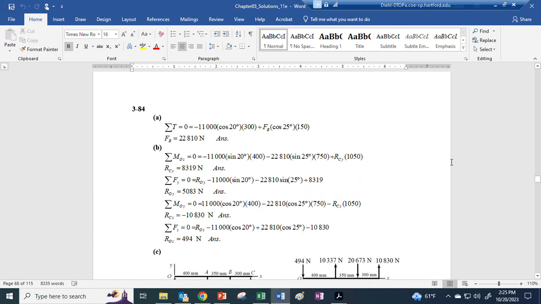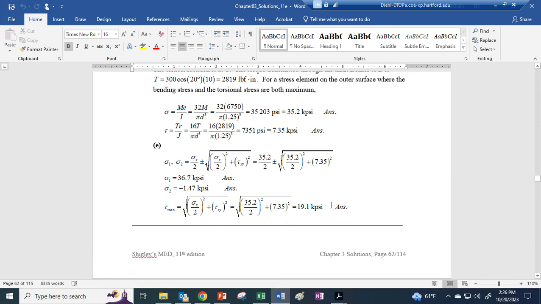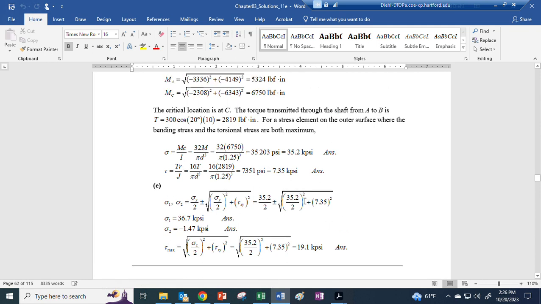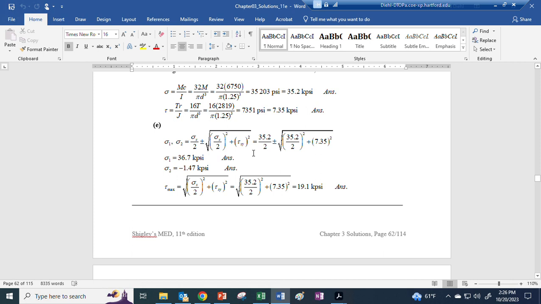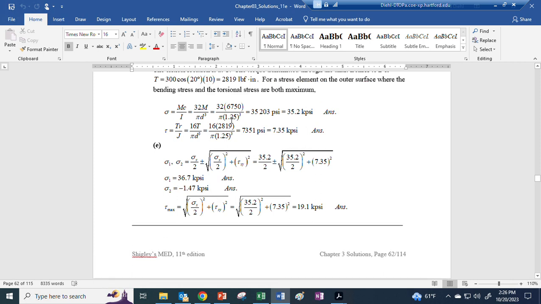Write all this down. Was this the results that we got for A and B? Yeah. Yep. So what did I do wrong with the stresses here? I must have calculated it wrong. What do you think? This must be wrong.